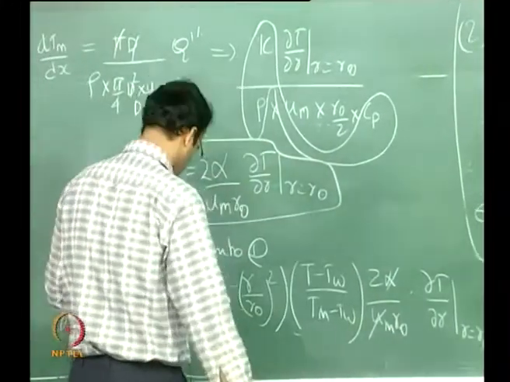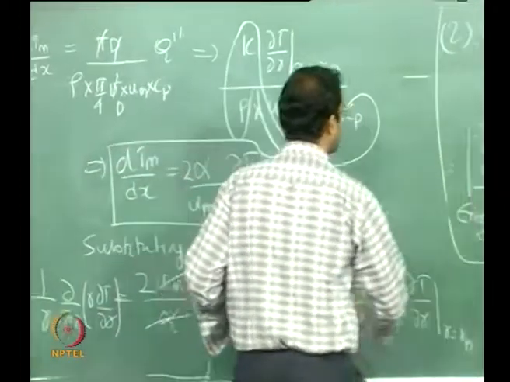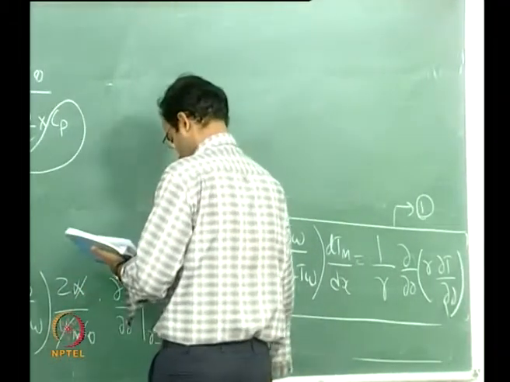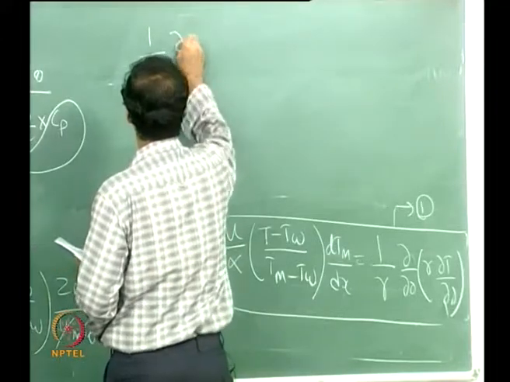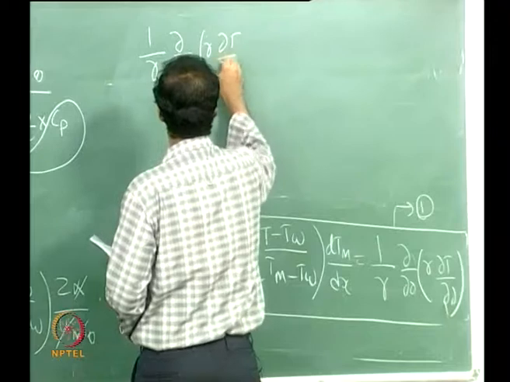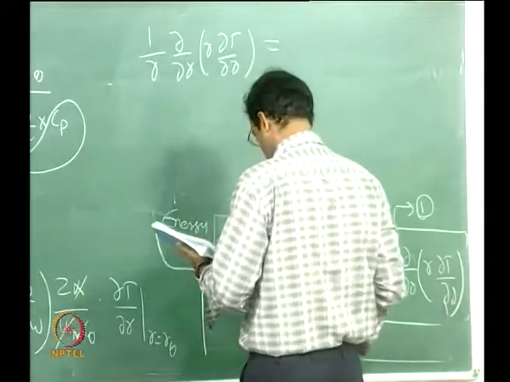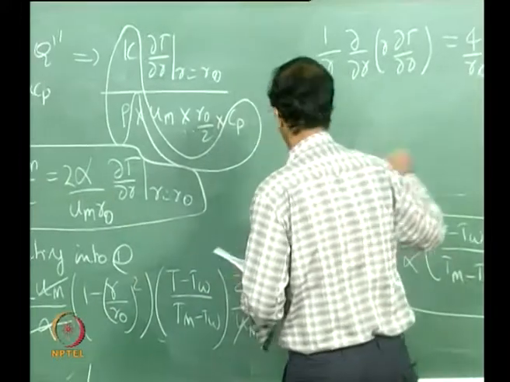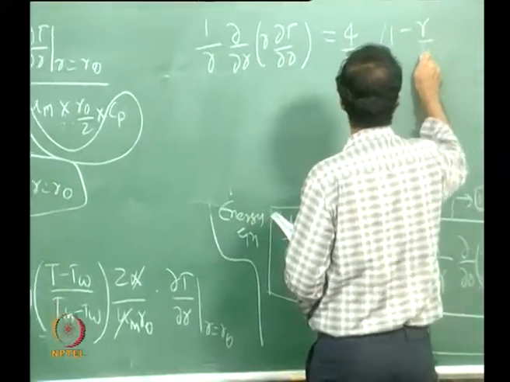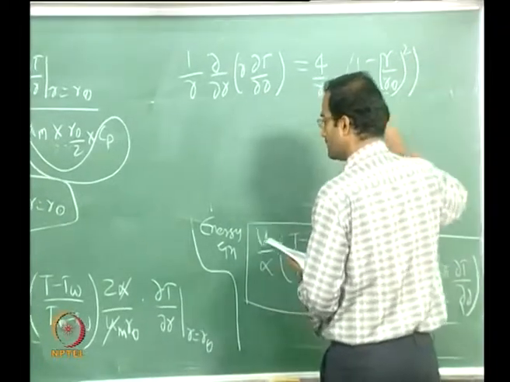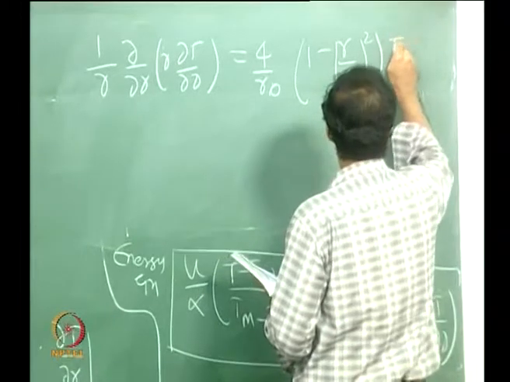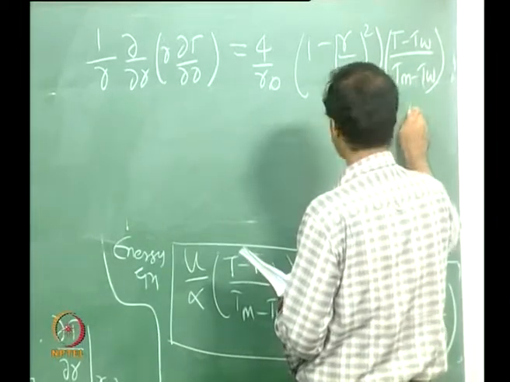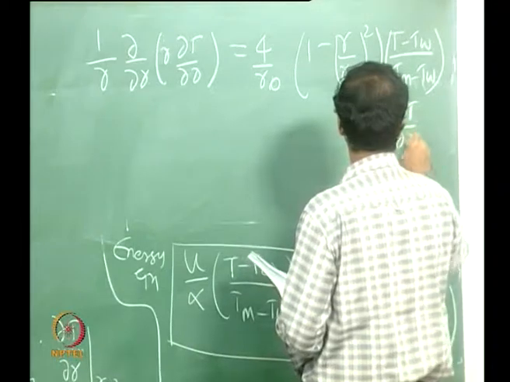So therefore your final expression which you have to solve will be 1 by r d by dr of r dt by dr, that should be equal to 4 by r naught into 1 minus r by r naught the whole square, into T minus T wall by T mean minus T wall, into dt by dr at r equal to r naught.